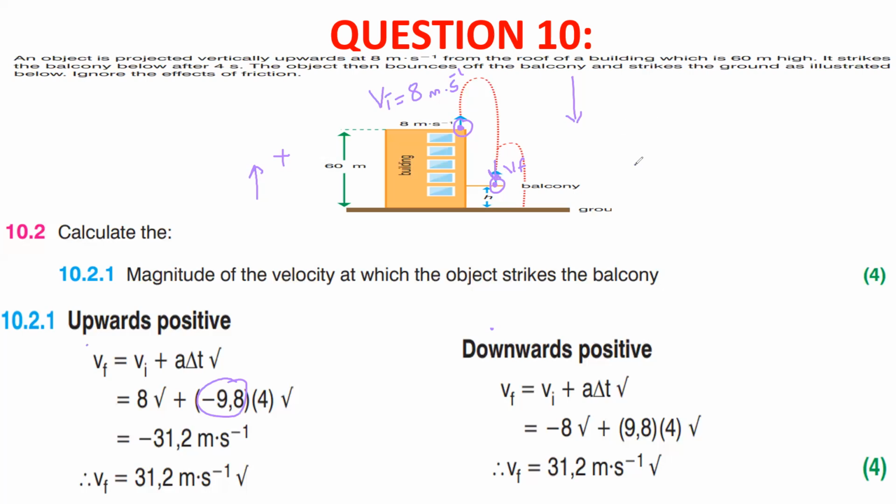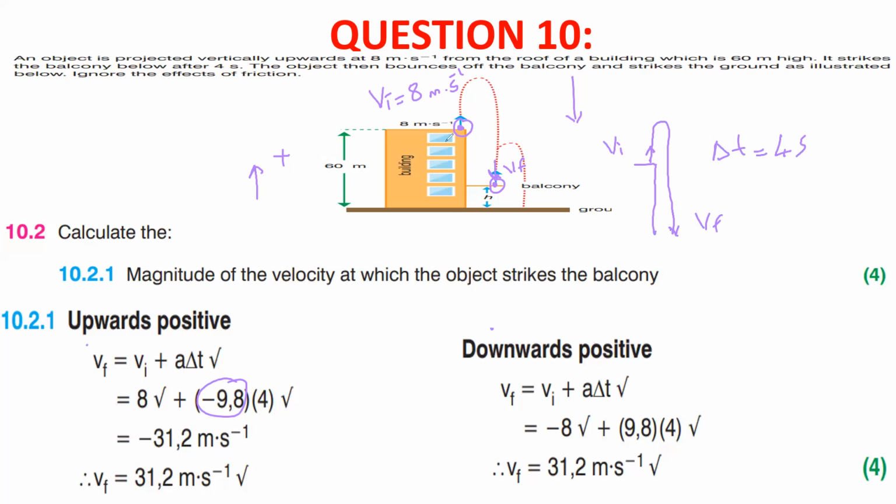So let's show, going up and coming down. So this is your final position. All right, I hope it's clear. V initial, V final, delta T already given. They said after 4 seconds it comes to height h, so we have 4 seconds. V initial we know already, 8 meters per second.